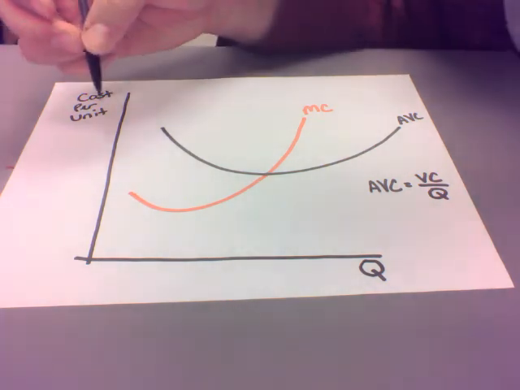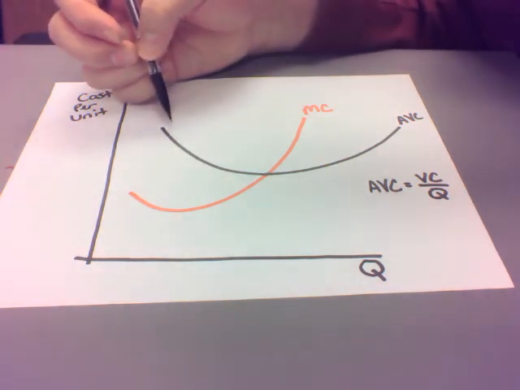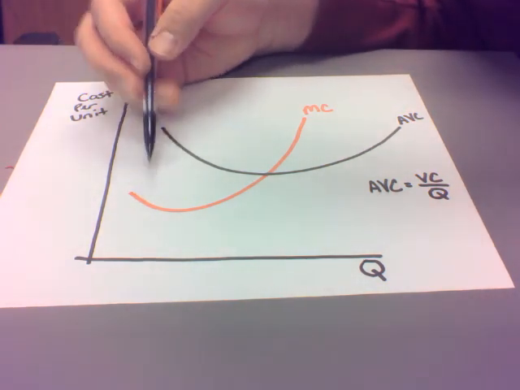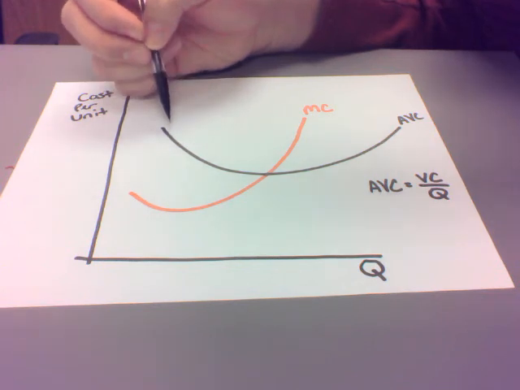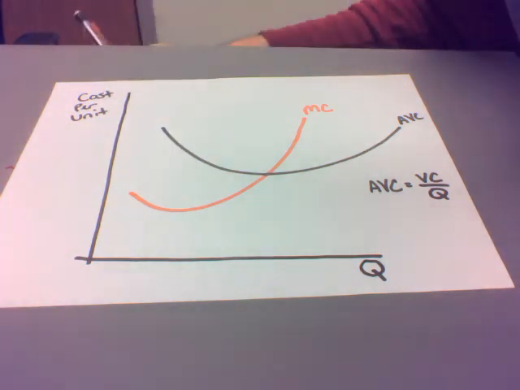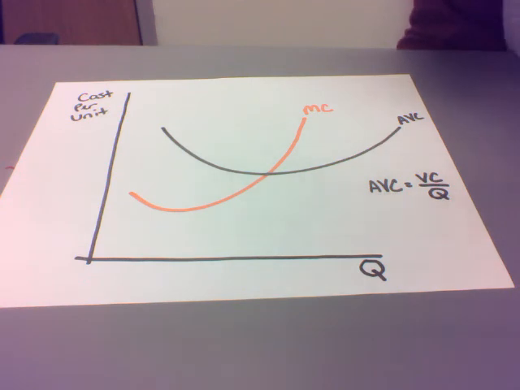So the reason is that if marginal cost is below average cost, then average costs are falling. You can take this back to the example that Dr. Hyman presented in class. In his example, he talked about your marginal exam grade versus your average test grade over the entire semester.